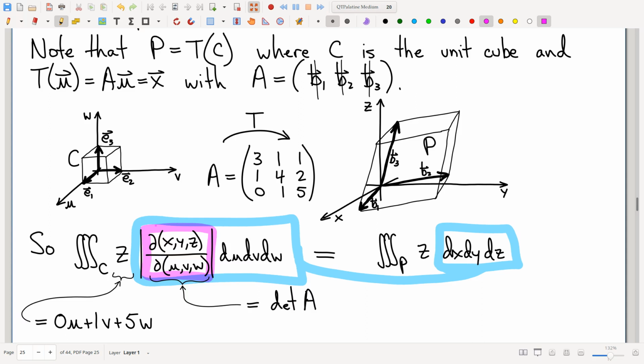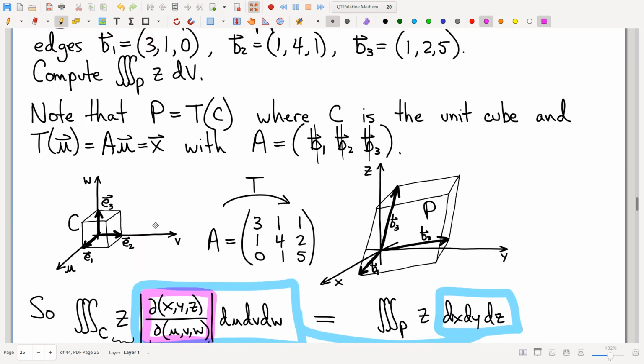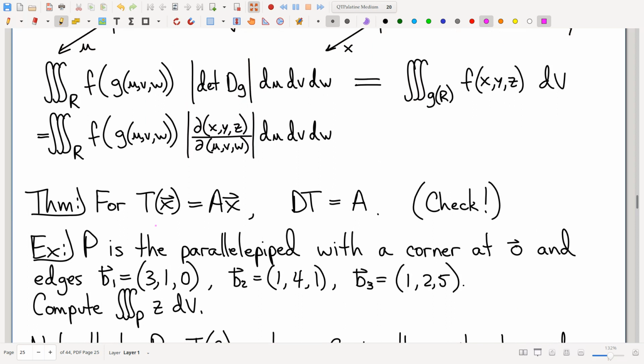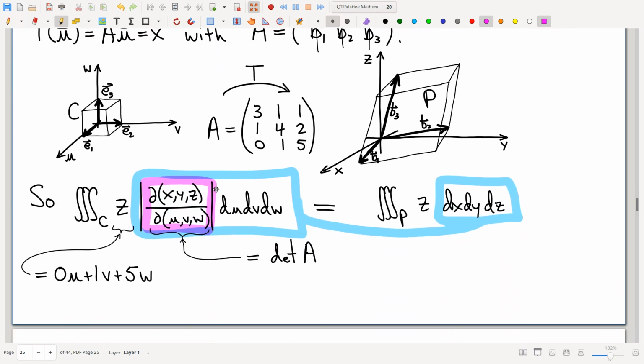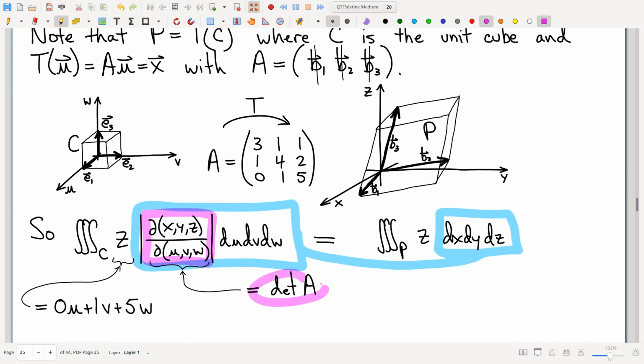That's the stretching factor per this theorem up here. Determinant of the derivative matrix means I just need to take the determinant of the matrix defining the transformation in the first place. So this is just the determinant of that matrix. We're basically done.